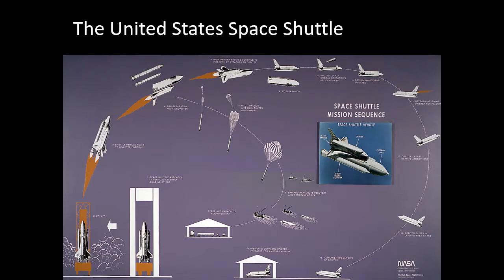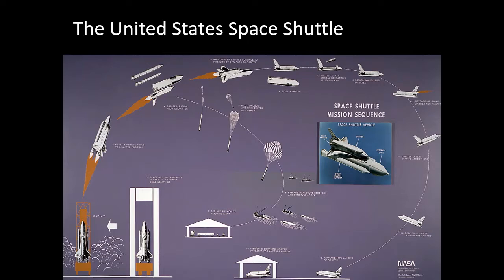They launch it. After launching, most of the thrust is achieved with the solid rocket boosters, those 2 long cylinders on either side. At some point after the fuel is spent out of those, they jettison them away.